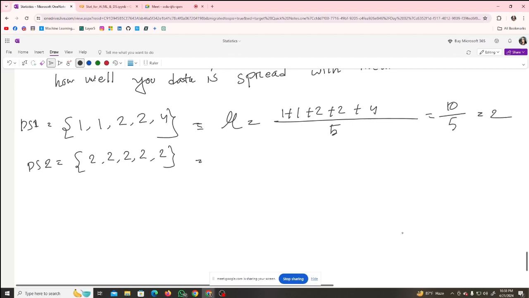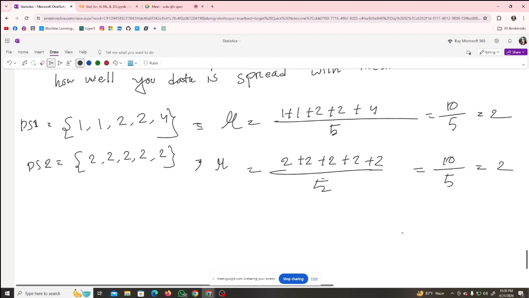For the other data set, the mean is 2 plus 2 plus 2 plus 2 plus 2, and the total number in this data set is also 5. So we are getting the same result, the same mean.